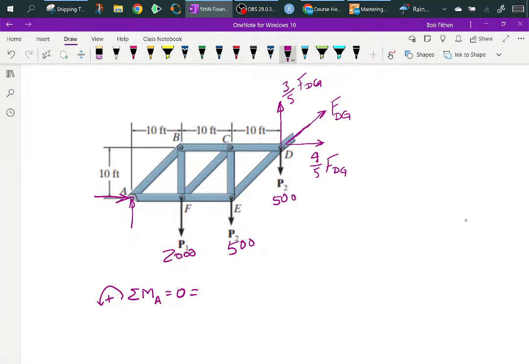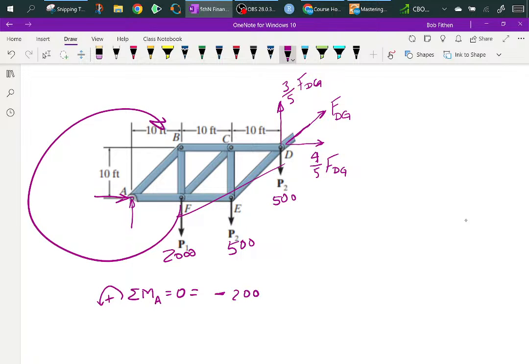So now I'll operate on this one. I start with the A. So all three of these do the same thing. They go that way. So they go minus 2,000 times 10, minus 500 times 20, and minus 500 times 30.